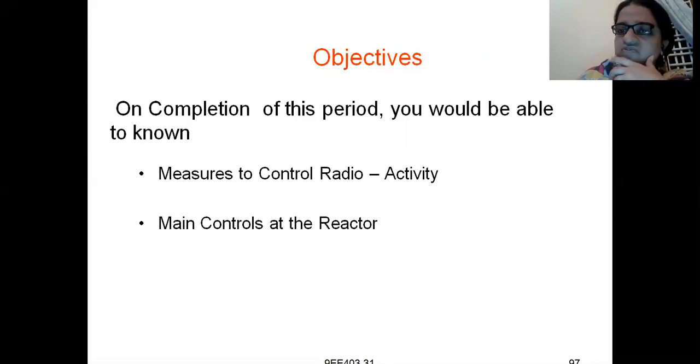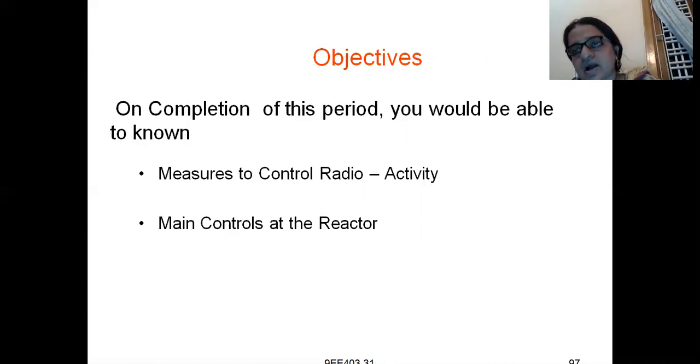The property of emission of radiation from a nuclear material or nuclear element is called radioactivity. The radiations which come out from a nuclear material or nuclear element are alpha rays, beta rays, and gamma rays. Right.